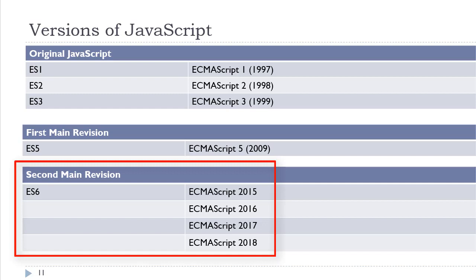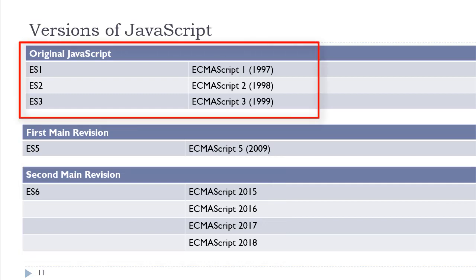And ECMAScript 2015 introduced some very important changes that will be covered in this class. Following years also introduced important changes that will not be covered because they are used in more advanced applications.